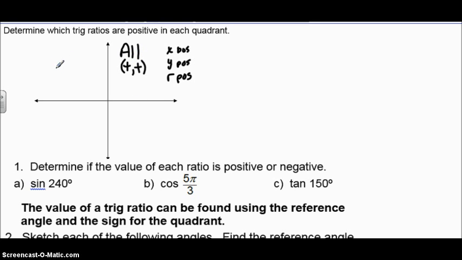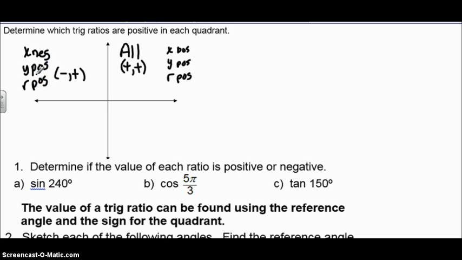So when we go into the second quadrant, x's are negative, y's are positive. So that means with x being negative, y being positive, and r being positive, any of our functions that have an x in them, be it with x and y or x and r, are going to be negative values, because a negative and a positive division will be a negative answer.